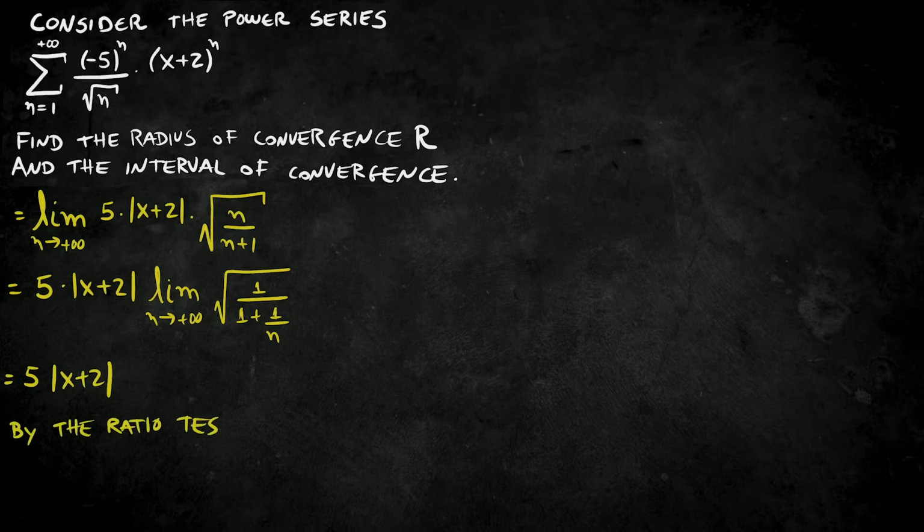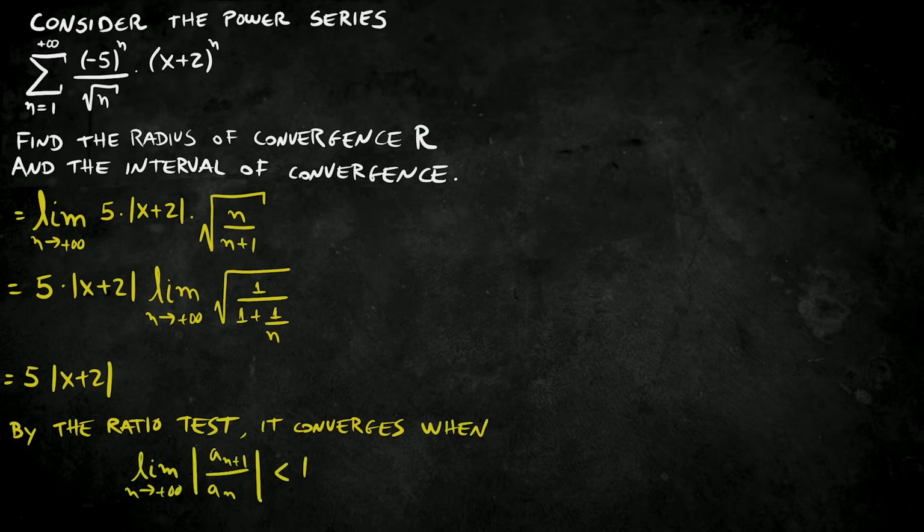By the ratio test, the series converges when the limit of the absolute value of a_(n+1) over a_n as n goes to positive infinity is less than 1, right?